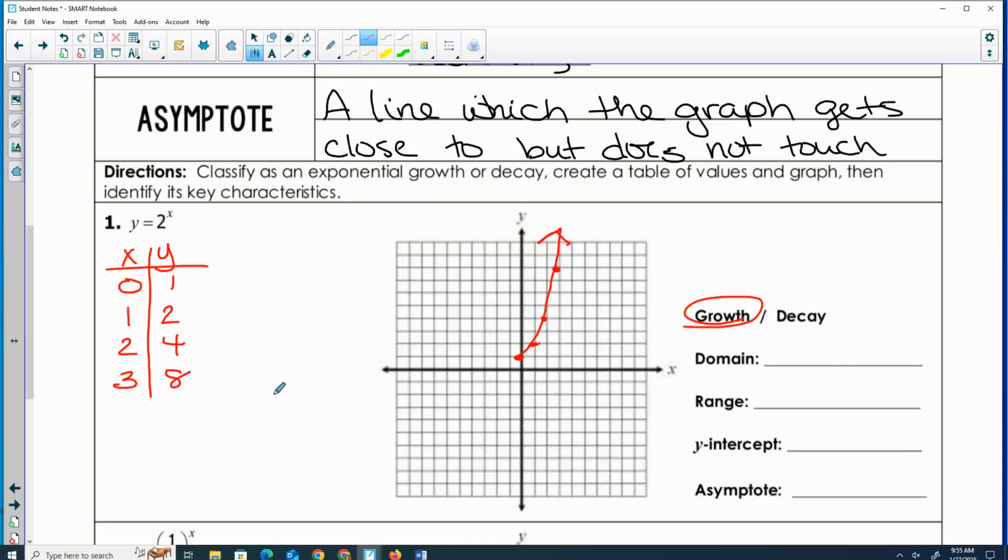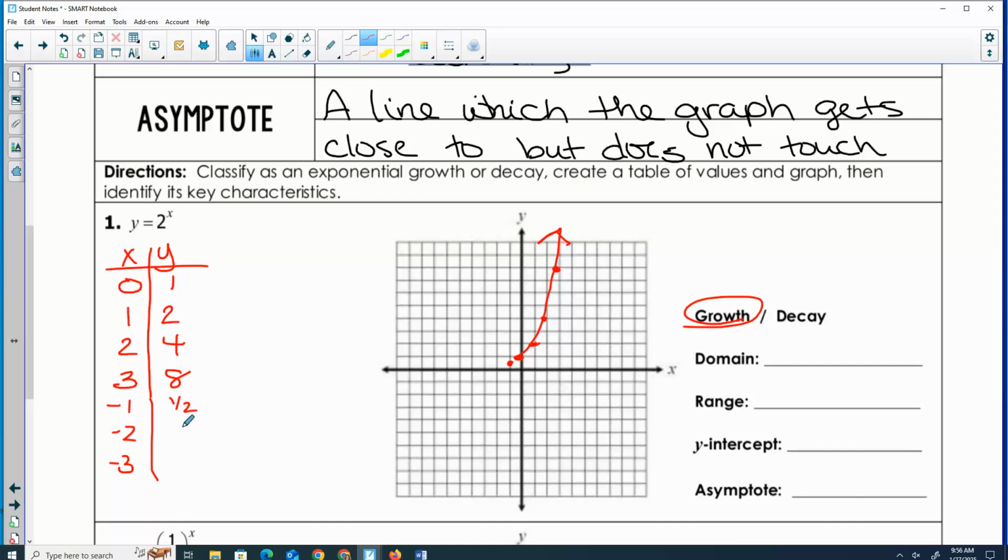Let's see what's happening the other direction. We can plug in things smaller than 0. So if I put in -1, -2, -3, let's see what we get. Use your calculator if you need to. What is 2 to the -1 power? 1/2. So -1, 1/2.